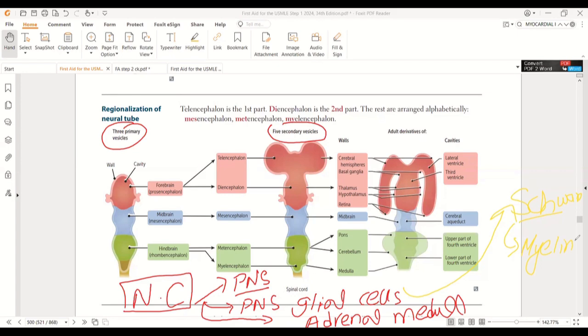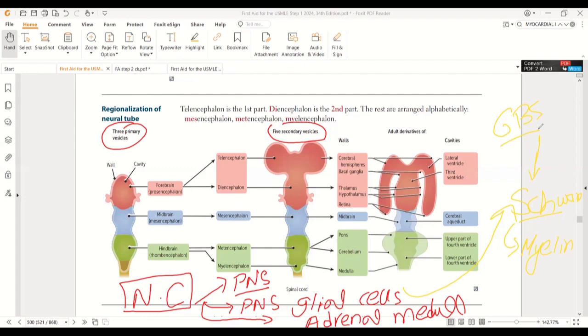In which pathology are these cells damaged? Can anybody tell? GBS. What is the marker of the Schwann cells? Again a high yield.